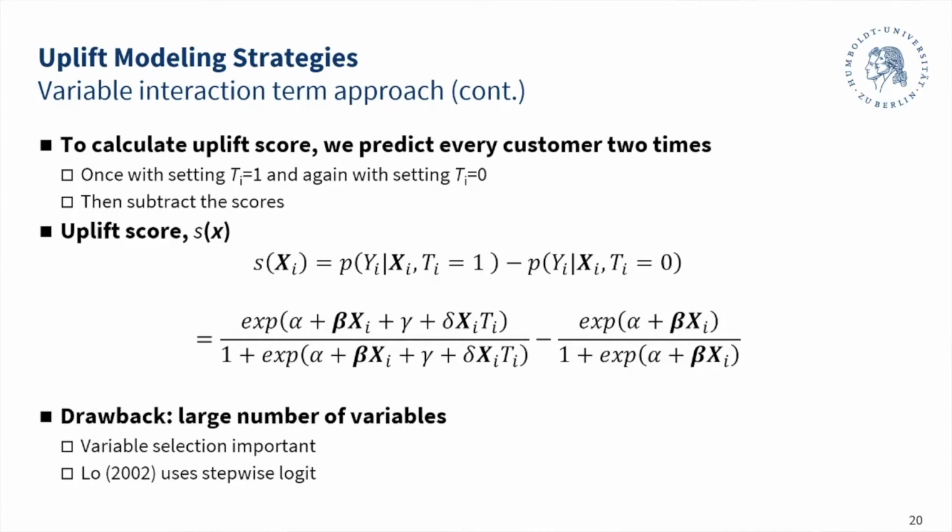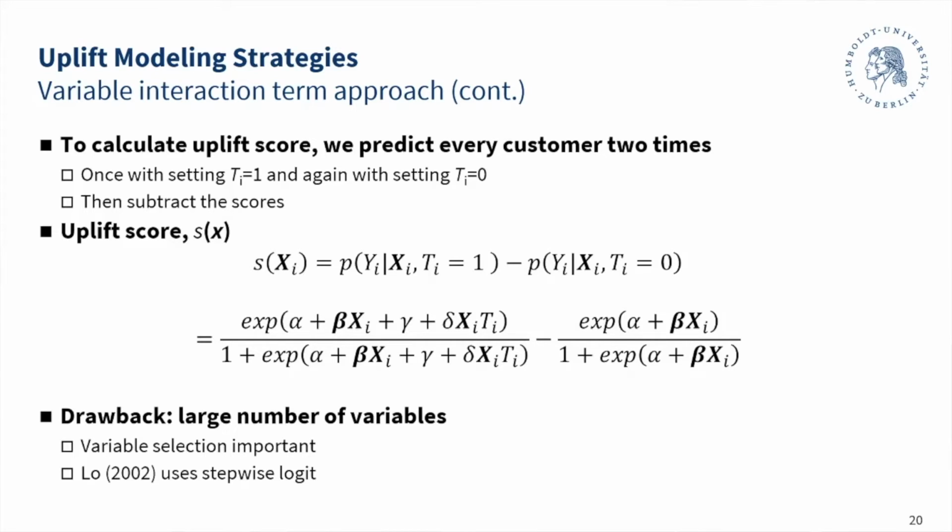Because of the way you arrange your data, two different probability estimates will come out of your single model, because your test set customer is presented to this model in two forms, with t equal to 0 and t equal to 1. T equal to 0 will switch off all the interactions, for example. And then you again calculate the difference between these two forecasts, and this gives you an uplift score.